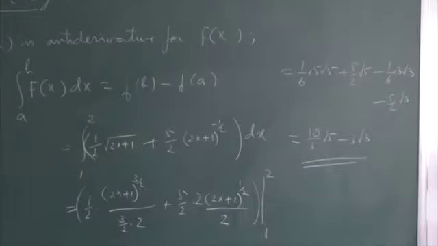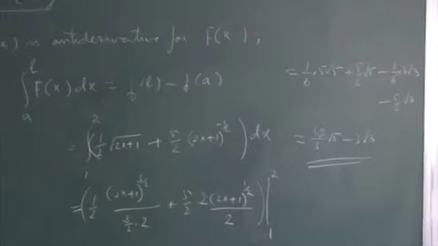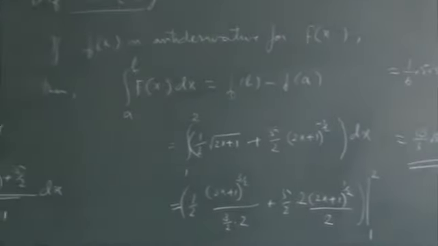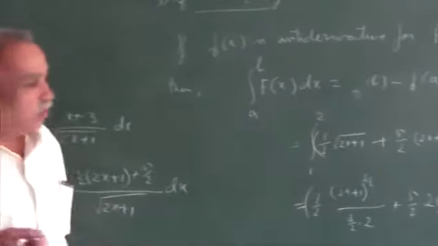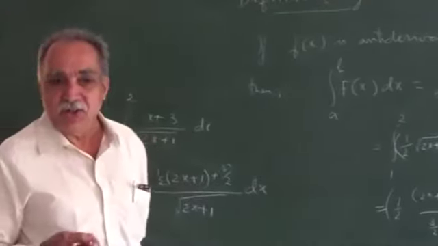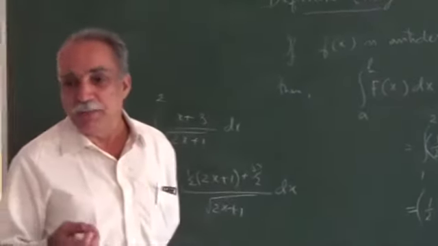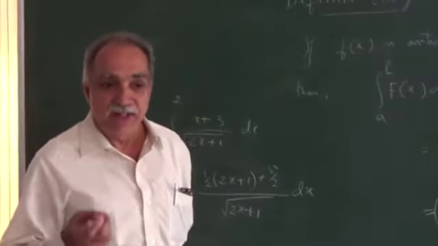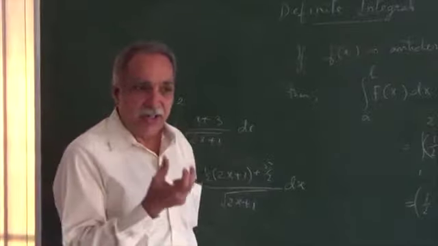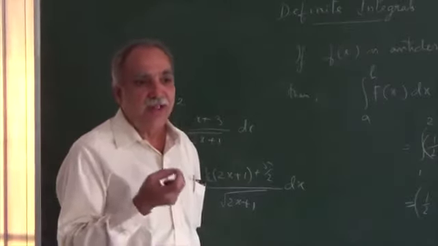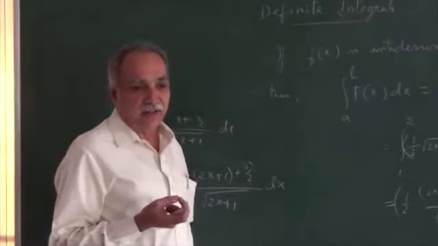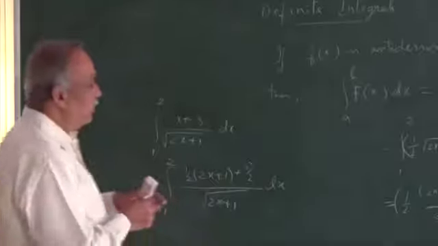We simply found an antiderivative for our function, applied the limits, computed the difference, and got the value of the definite integral. Notice that a definite integral is obtained as a pure number, not involving any constant. It has a definite value. That is why it is called a definite integral. Okay? Few more problems.